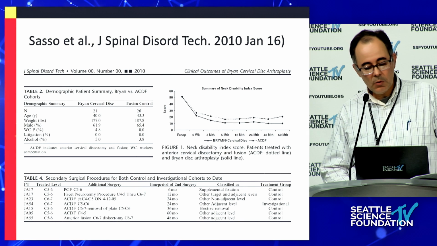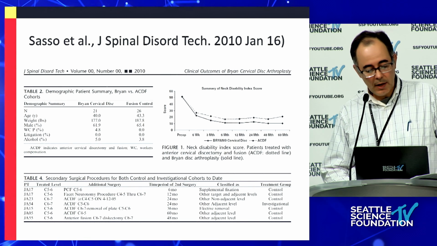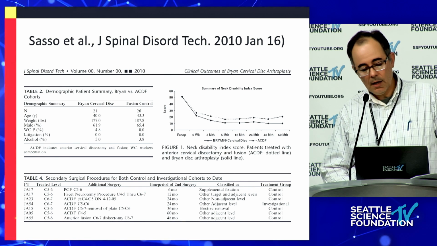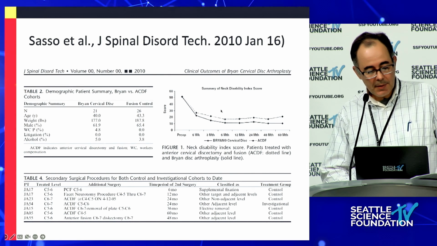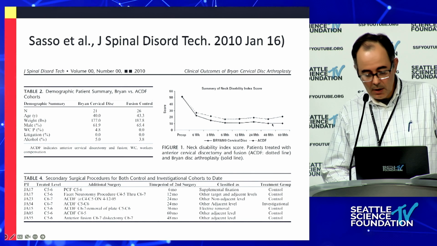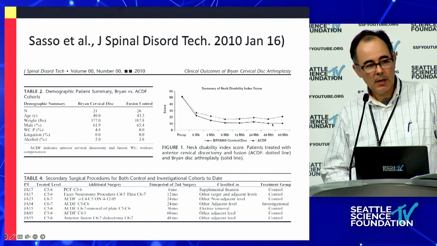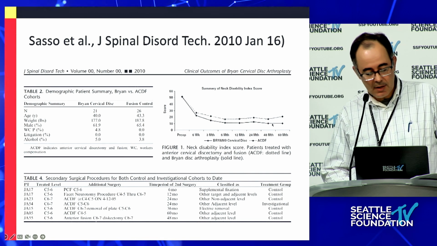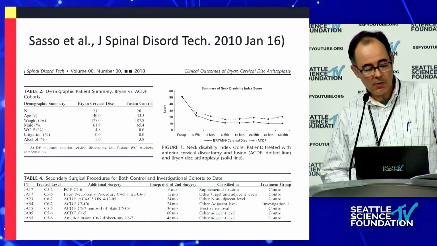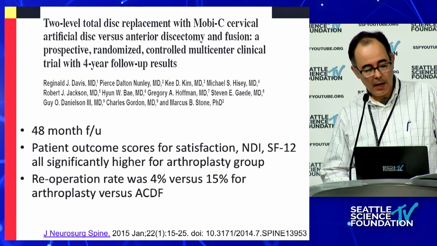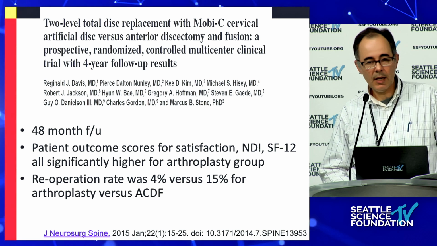Going through some of the clinical trial results comparing arthroplasty to fusion, you can appreciate that arthroplasty often shows favorable neck disability indices and favorable reoperation rates. So these are various clinical trials with 2-level and 1-level results.